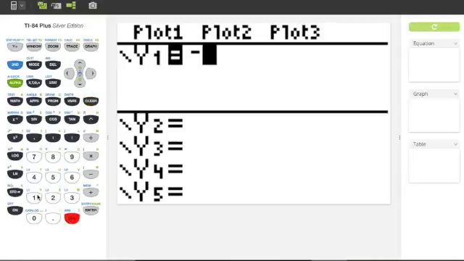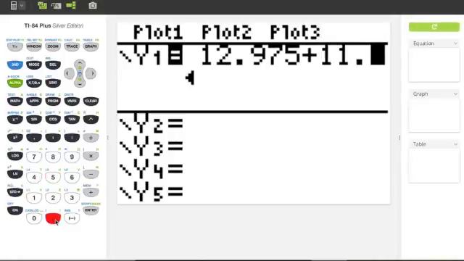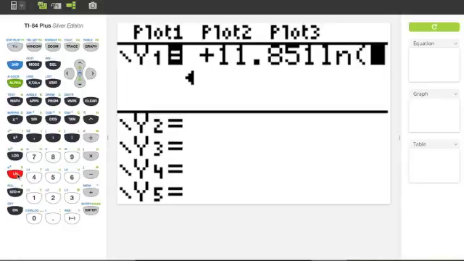We're looking at graphing the equation about the diabetes. We have negative 12.975 plus 11.851 ln of x.